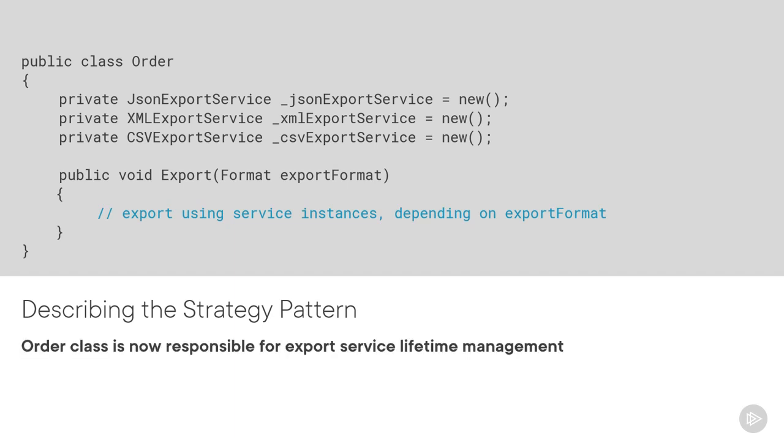Yet that also means that the order class is now responsible for the lifetime management of the different export services. And moreover, you've tightly coupled the order class to these implementations. That still makes it hard to add export functionality for new formats. Enter the strategy pattern, which solves these issues.